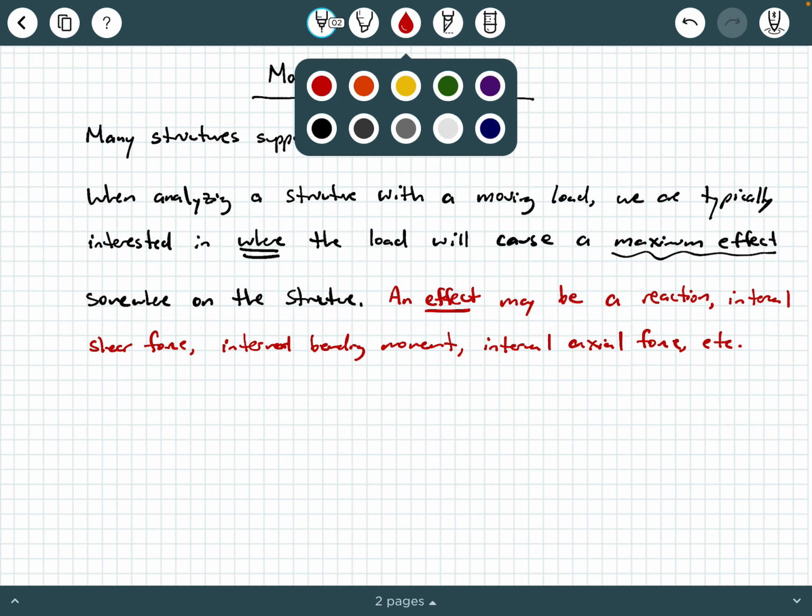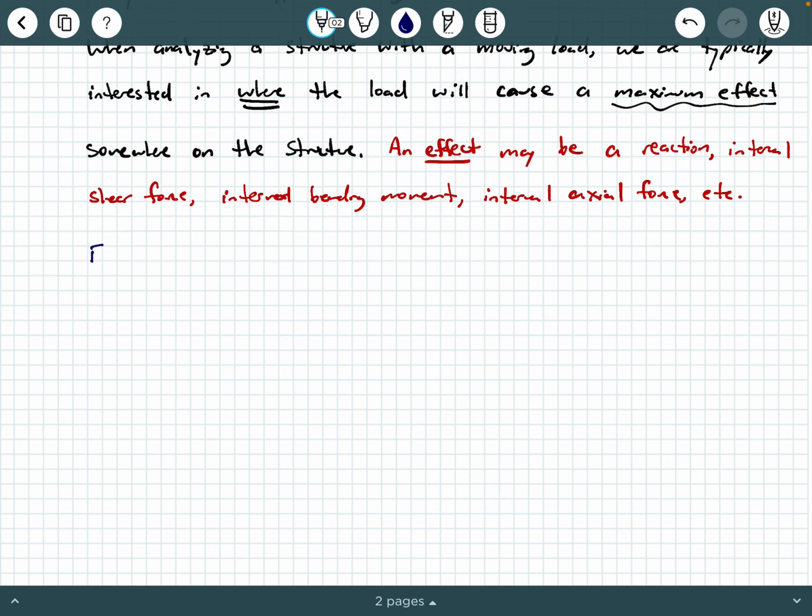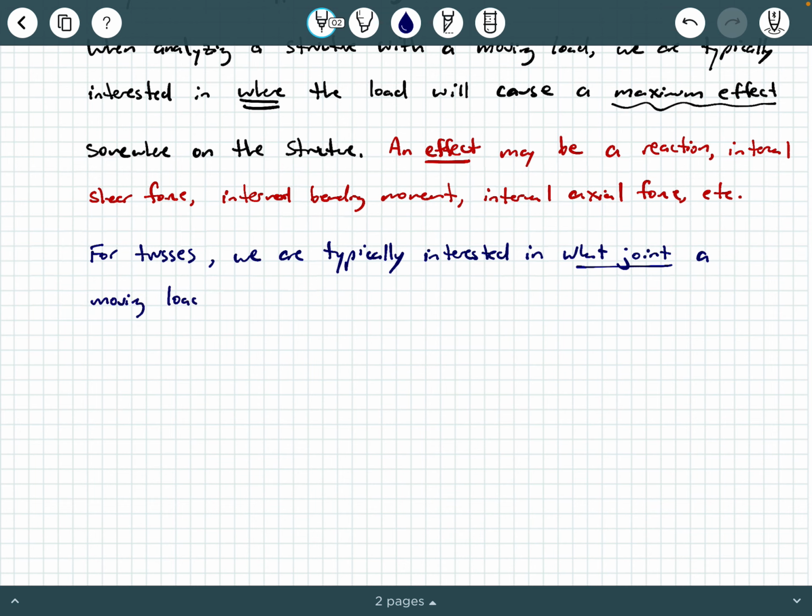Okay, so for trusses, let's change colors again. For trusses, we are typically interested in what joint a moving load will be at when a particular member force will be maximized.